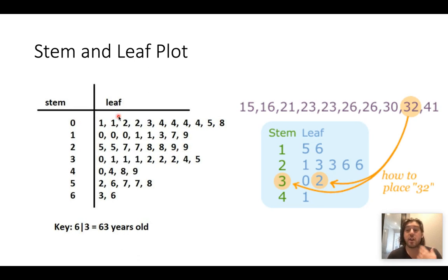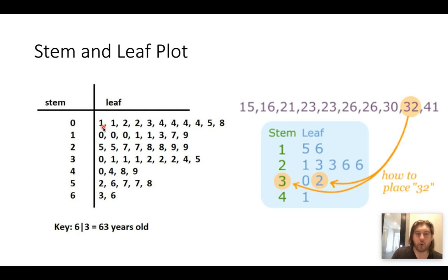So we have another person that's 1 year old. So we have 2 people that are 0, 1 years old. Then we have 2 people that are 0, 2 years old. We have 1 person who is 0, 3 years old. We have 4 people who are 0, 4 years old, so on and so forth.